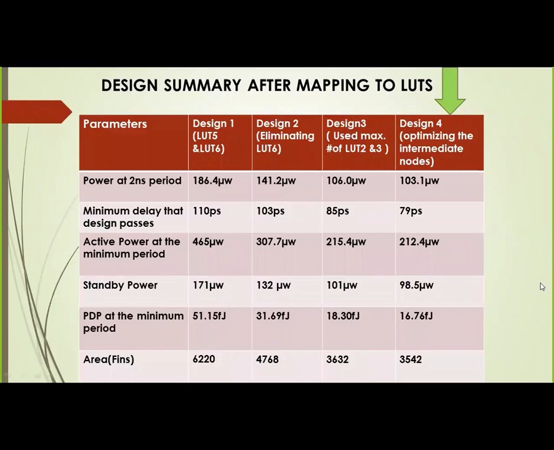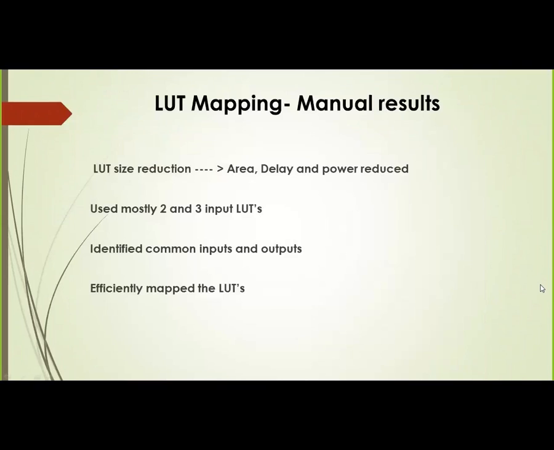Finally, after careful consideration of all the parameters and techniques, we focused more on the intermediate nodes, and we could successfully avoid gates which are redundant. This has shown great results, I would say the best results with manual mapping.